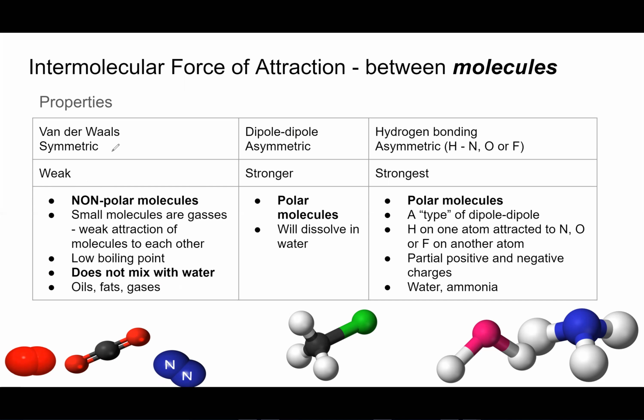Polar oftentimes means you have a thing with a positive and a negative side, like you guys probably learned in physics. Like a battery has a negative side and a positive side. That's a polar thing. So non-polar molecules don't have any positive or negative side.